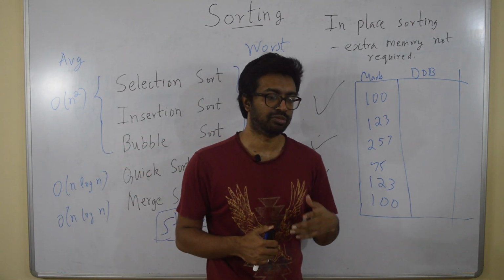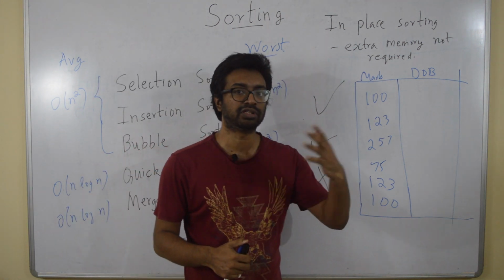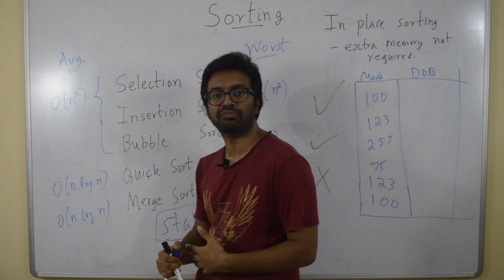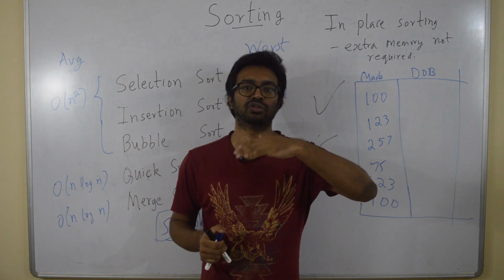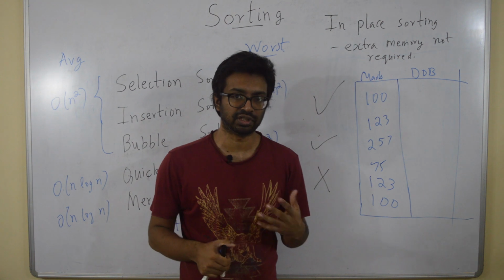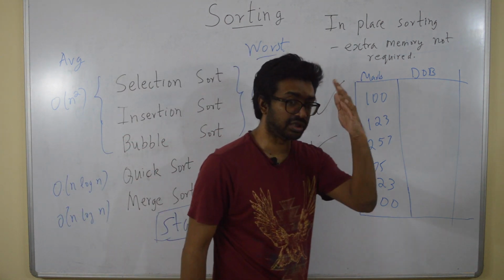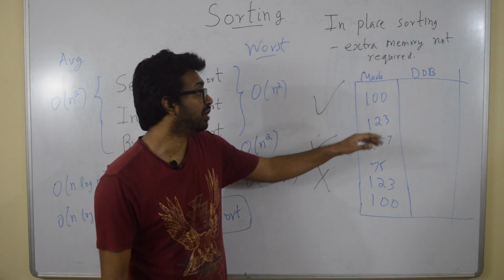One person was probably an elder, and therefore he was given first rank, because that's the sorting algorithm they use. So if two people have the same marks, then you go to the date of birth and you are ranked according to the date of birth. That's what we will also have to implement.